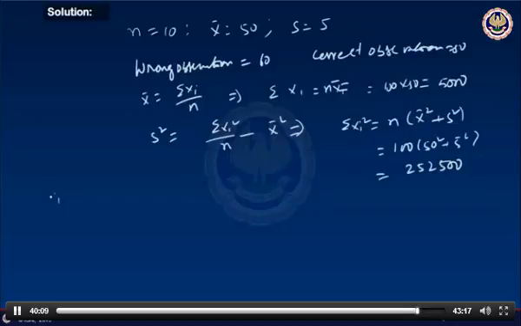Now, the first question is where the wrong observation is left out. Then there are 99 observations.